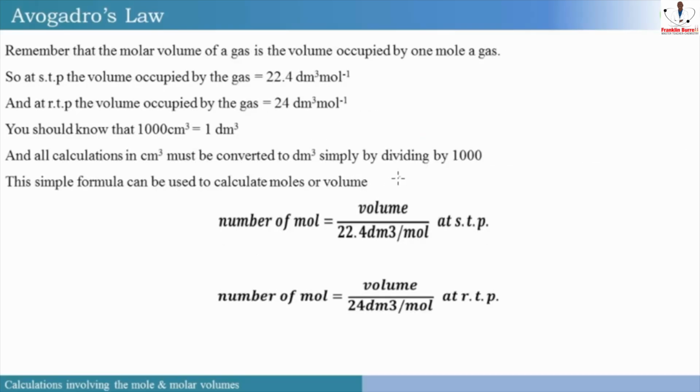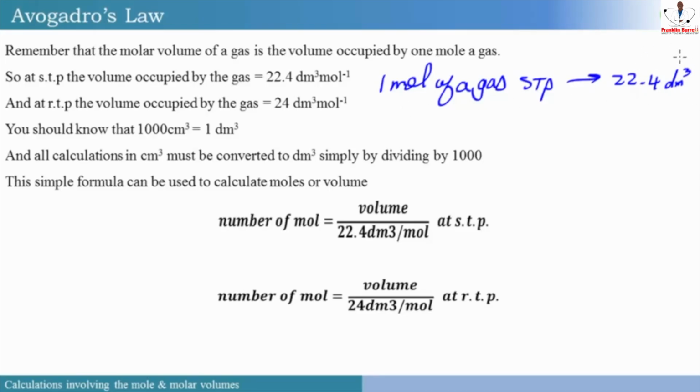If the molar volume of a gas is the volume occupied by 1 mole of a gas, it simply means that 1 mole of a gas at STP would contain 22.4 dm cube.